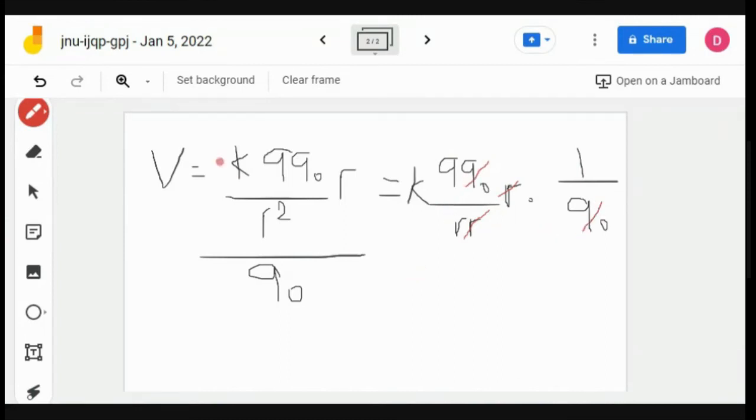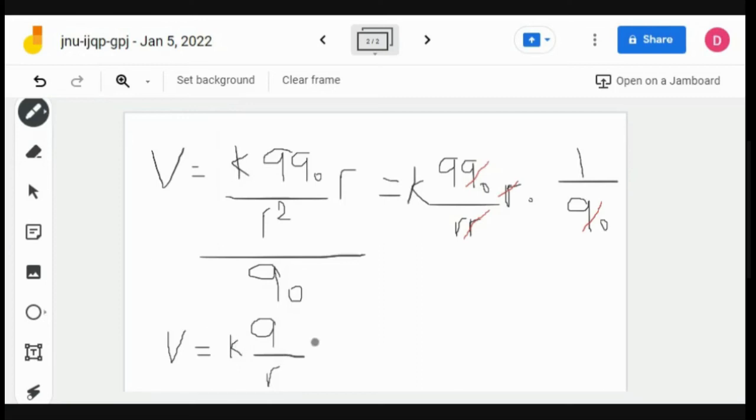So what is left in our equation? What is left in our equation is electric potential V is equal to Coulomb's constant times the charge all over distance R, okay?